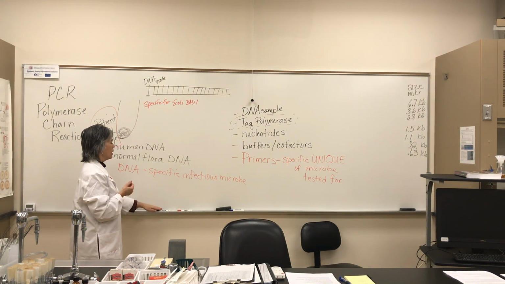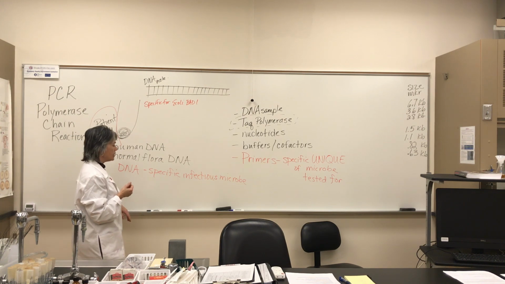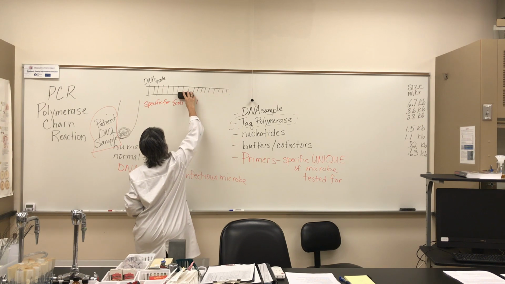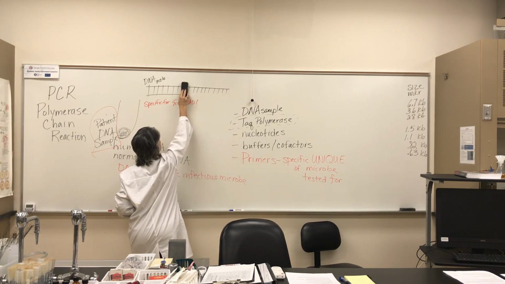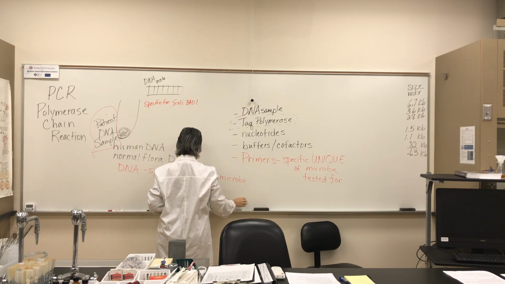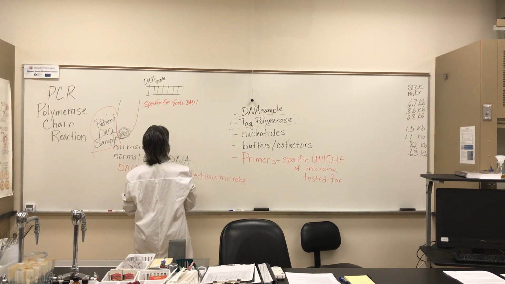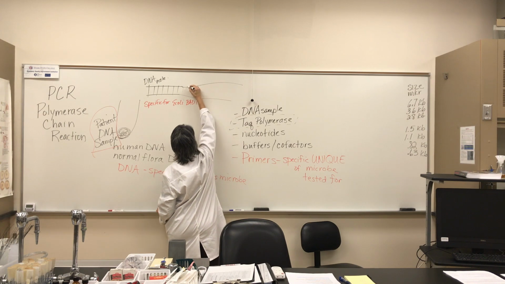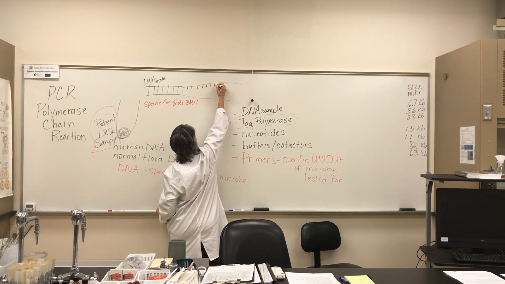Okay? Now, to synthesize DNA, we got to open up the strands. All right, this is unit 3 in microbe. I just want to separate these strands out, and this does occur in a PCR reaction.